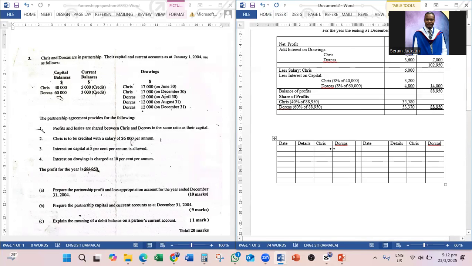All right, so I'm just going to create one account for both of them, the fluctuating capital account, where you see how it works. So this is their current account.